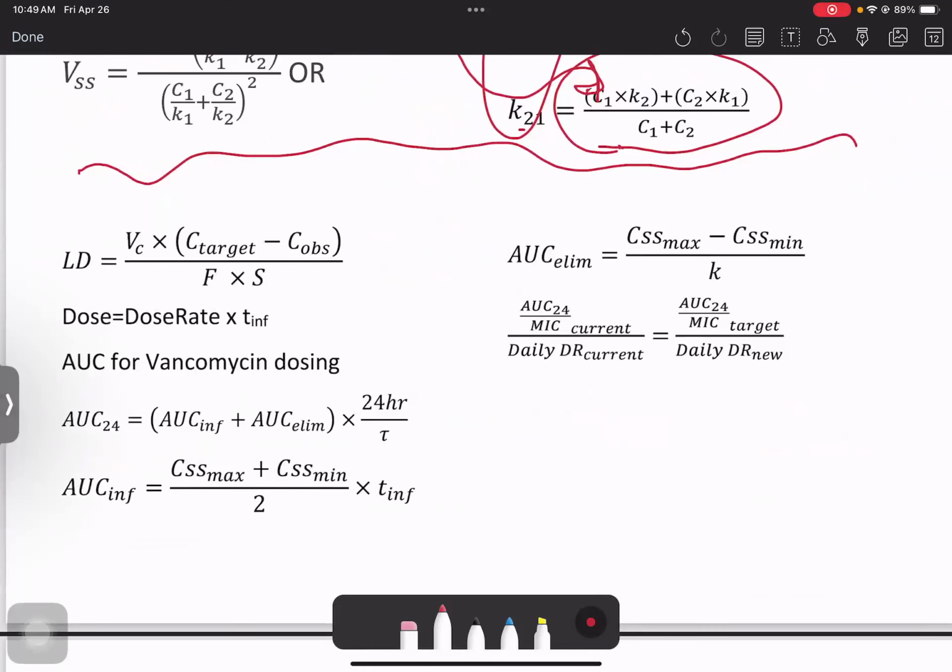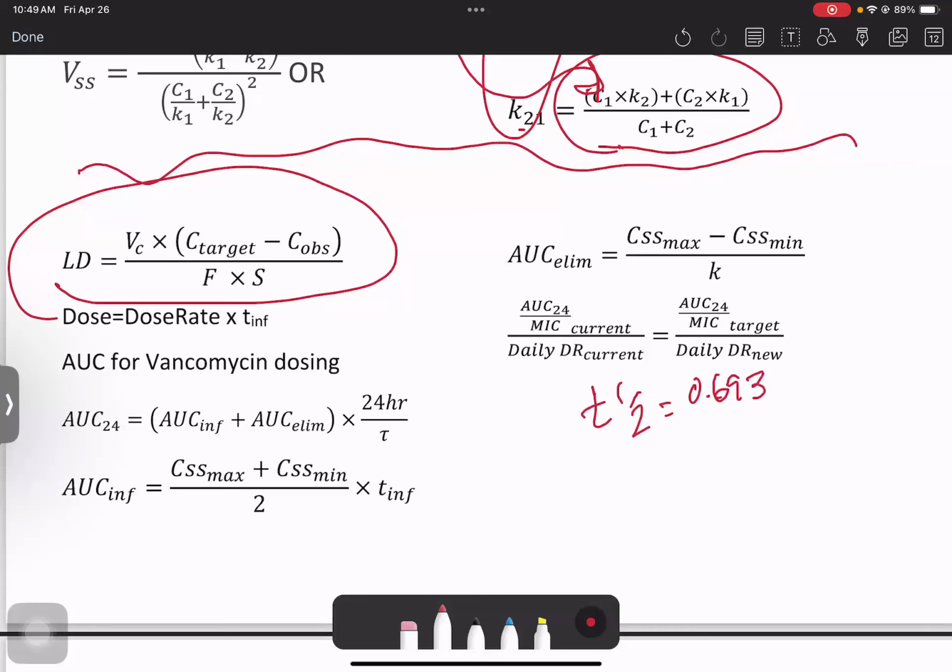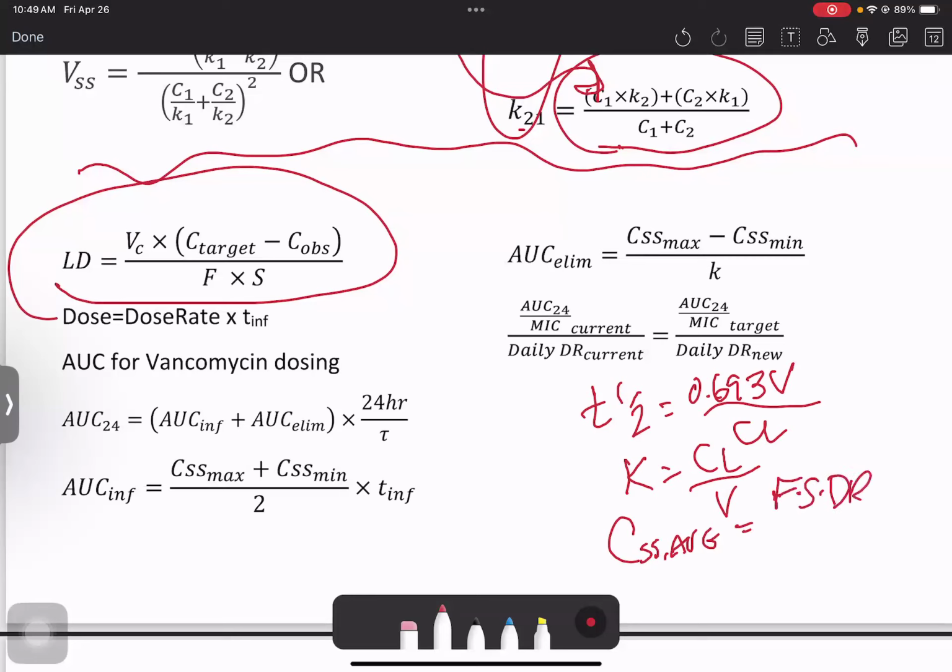And then this last section is some TDM. So I did give you this loading dose equation, but you need to know half-life. You need to know K. You need to know CSS average. You need to know the Cockcroft and Gault equation to be able to figure out creatinine clearance.